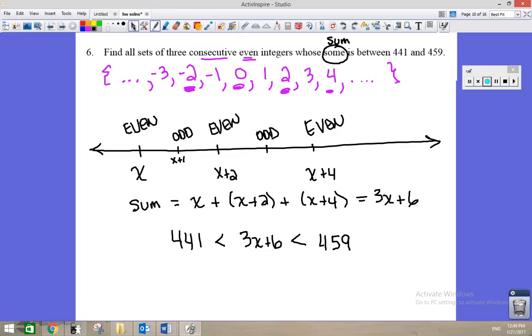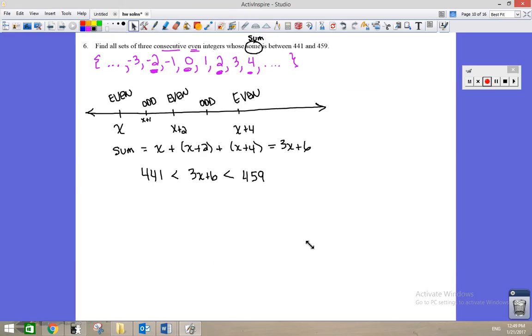All right. So step by step, I need to get this x by itself. So the first thing I'm going to do is get rid of this positive 6 by subtracting 6. So I'm going to subtract 6 from each part of this compound inequality. 441 minus 6 is 435, I believe. 459 minus 6 is 453.